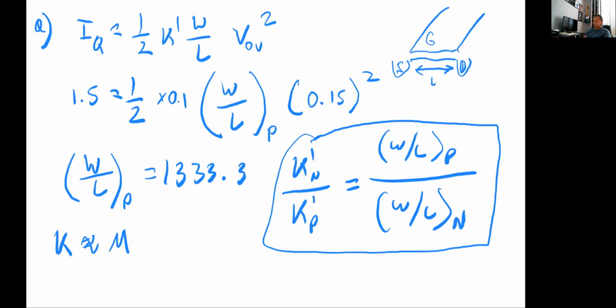And then the width would be this dimension. But geometrically, when you're drawing the transistor, we call this the length of the transistor.